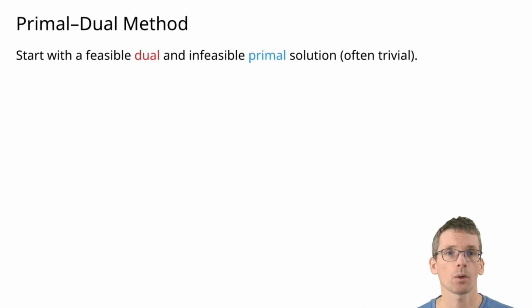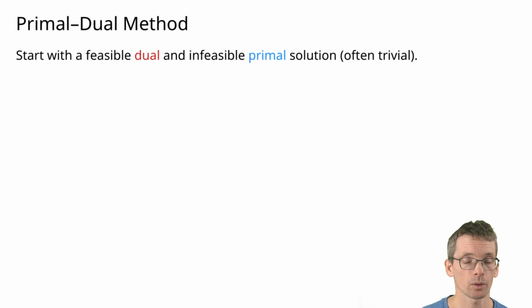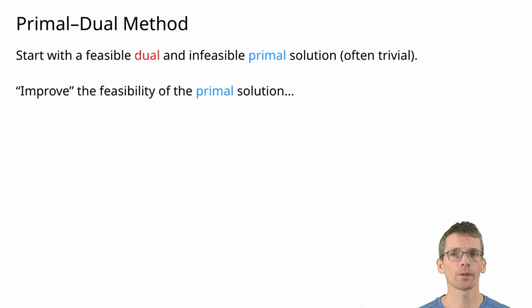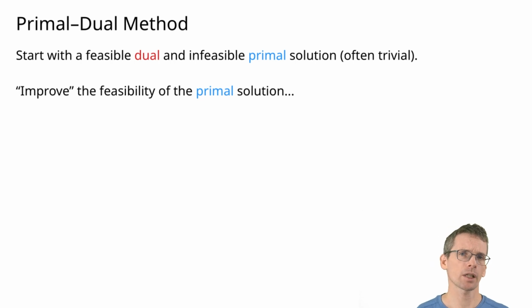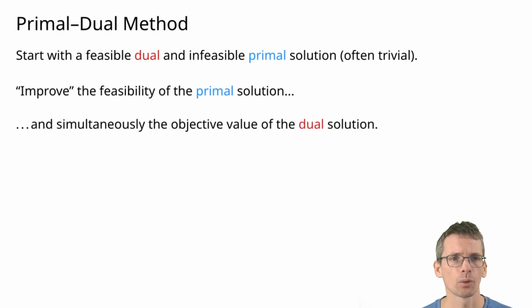Now with this in mind, our idea is the following. As I said, we're going to start with a feasible dual solution and an infeasible primal solution. We're going to improve the feasibility of the primal solution. I'm going to show in this example of the set cover problem what I mean by that. Simultaneously, this will also improve the objective value of the dual solution.